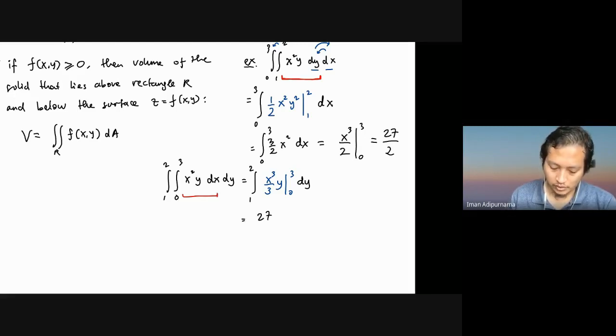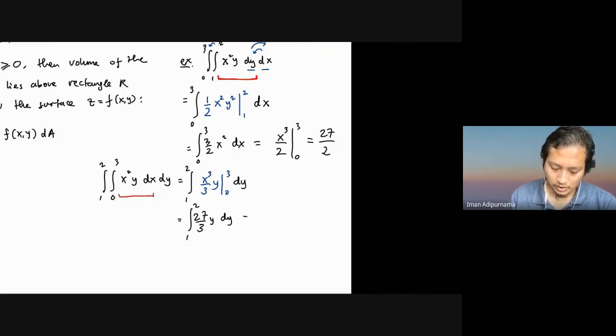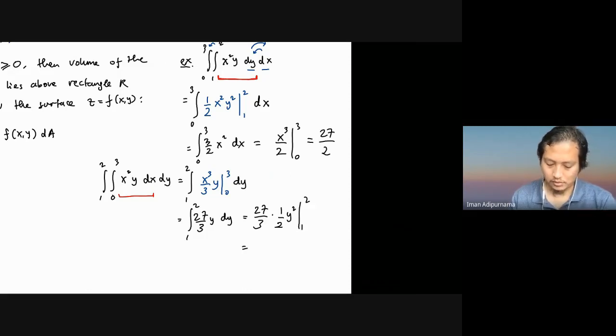And then you get 27 over 3 y dy, which is actually 9y. So 4 minus 1 is 3, same result as the previous, right?